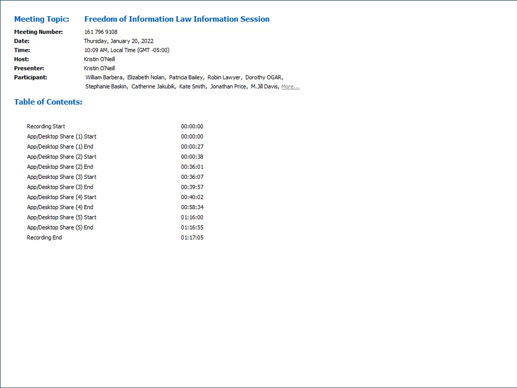Oftentimes the FOIL appeals officer is digging in a little bit deeper and is going to provide a full explanation. So there may be a reason asserted by the FOIL appeals officer that was not asserted by the records access officer. I'm not sure that I'm answering the question, but the person can follow up with us directly if they have questions.